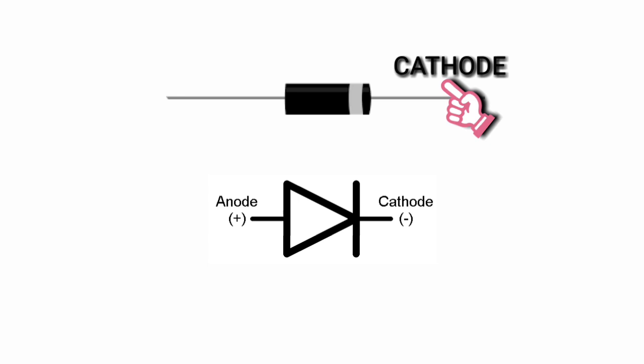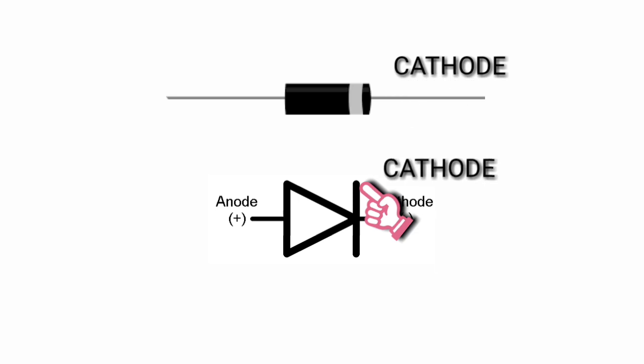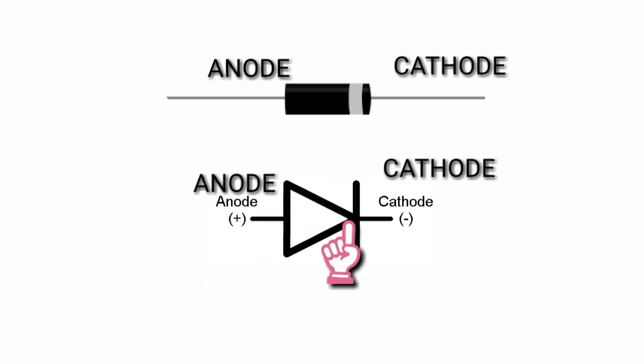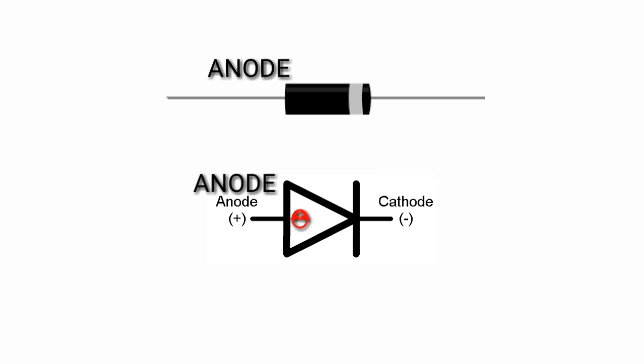In the circuit symbol, the vertical line is the cathode, and the opposite side is the anode, with the arrow pointing in the current flow direction. Now, let's connect the battery to the diode and see what happens to the internal circuit of the diode.